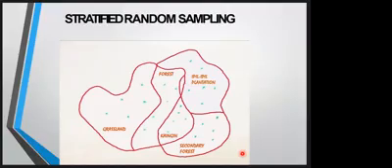Stratified is every strata. Let's say we relate it to a population. When you sample a population in a research study, you divide a sample, let's say adults, into subgroups.